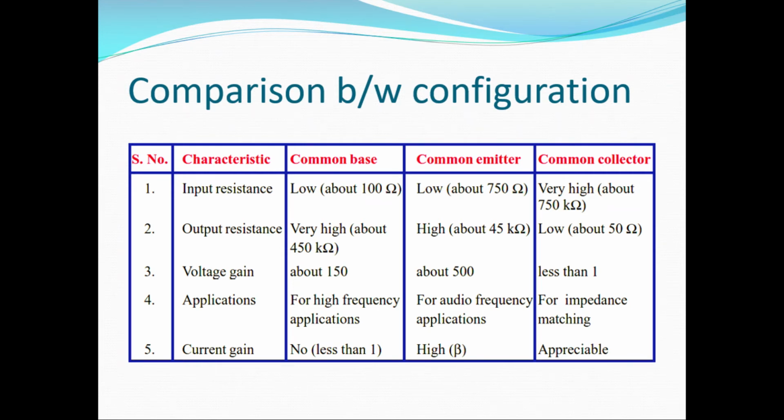Voltage gain is high for common base and common emitter and less than 1 for common collector configuration. Current gain is less than 1 for common base amplifier and very high for common emitter amplifier. Common collector amplifier is used for impedance matching.